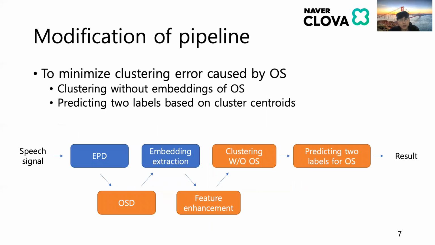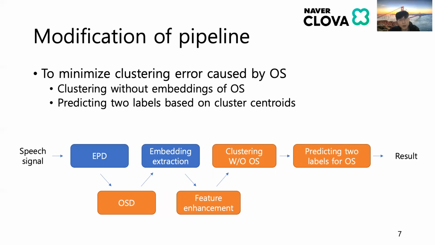To incorporate the developed overlapped speech detection model, we modified our pipeline to minimize clustering error caused by overlapped speech. We aim to minimize the effect of overlapped speech in the clustering phase. To do so, we extract speaker embedding only from single speaker segments and perform the first speaker clustering.